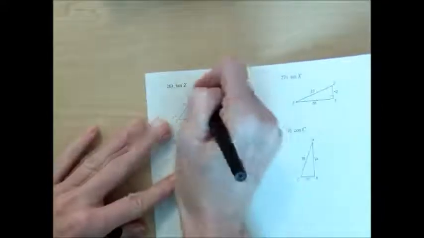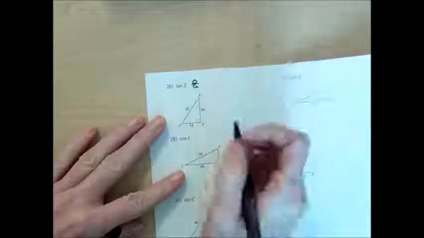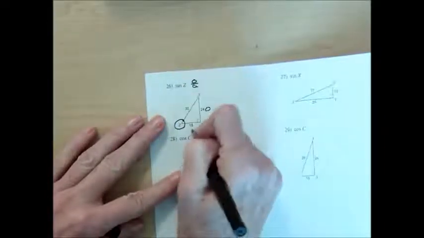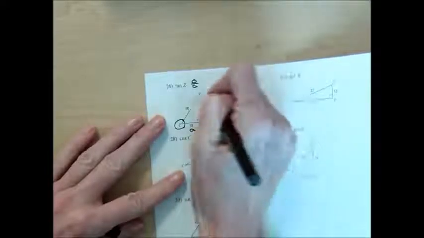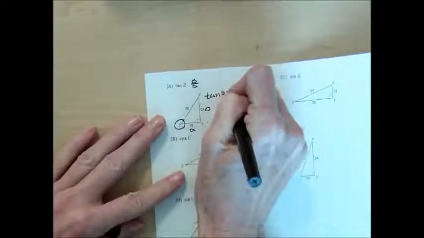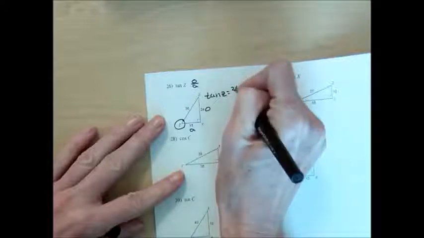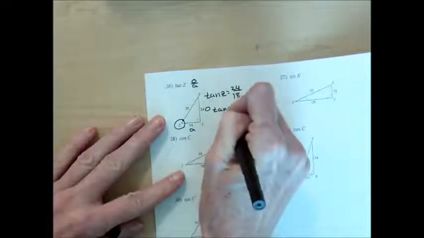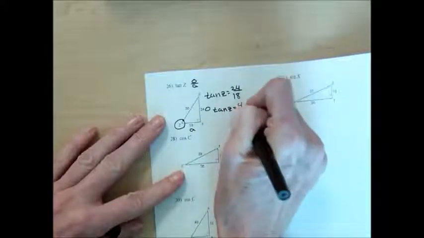Tangent. Tangent is opposite over adjacent of Z. I circle Z. The opposite is 24. The adjacent is 18. So the tangent of Z is 24 over 18. That reduces, 6 goes into that, to 4/3.